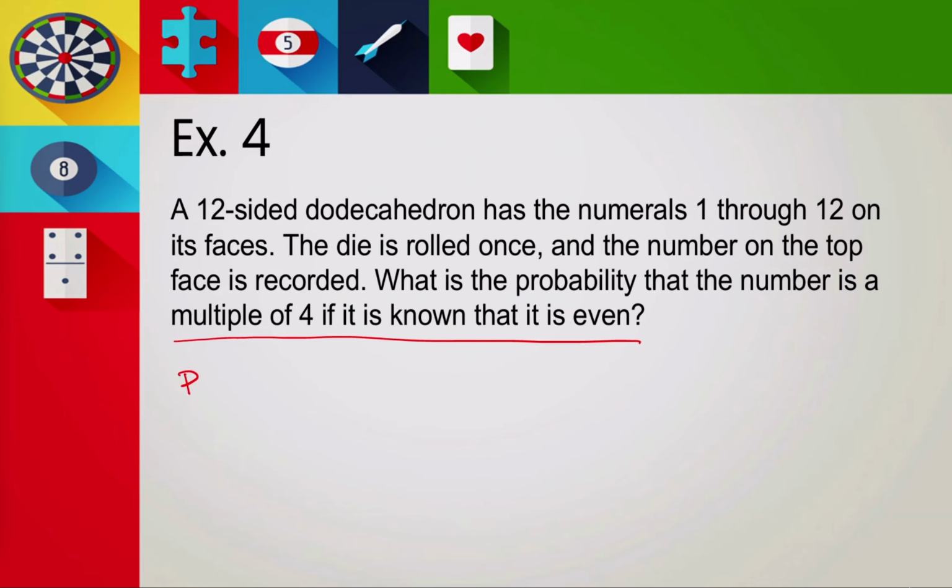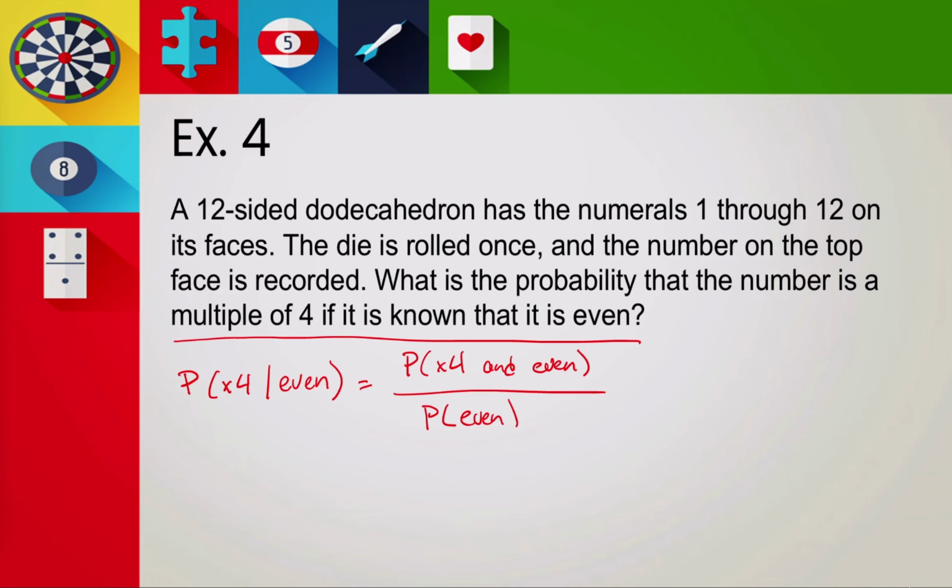So the probability that it's a multiple of 4 given that it is even is the probability that it's a multiple of 4 and even over the probability that it's even. And again, we know the probability that it's even is 1/2, right? Numbers 1 through 12, half of those are going to be even.